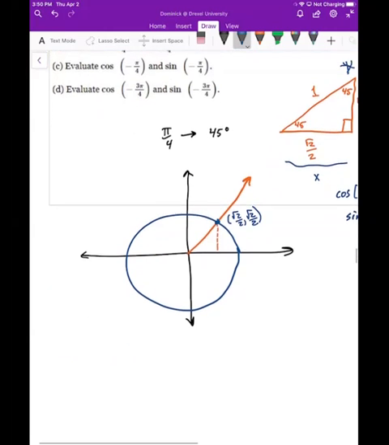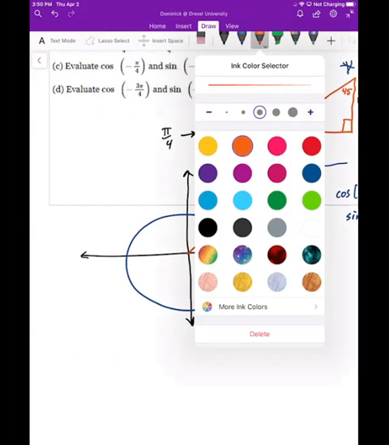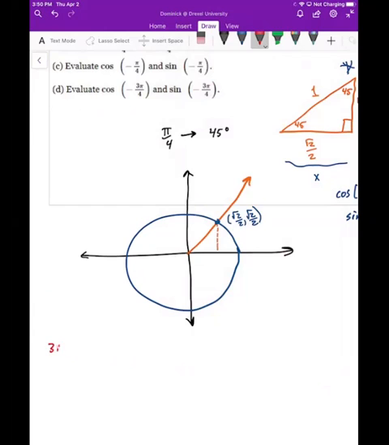Okay, now let's do 3 pi over 4. If you convert this to degrees, you'll find that you're going to get 135 degrees. Now, if this is 90 and this is 180, that means that if I go another 45 after 90, or I go 45 backwards from 180, I'm going to get that this corresponds to 135 degrees.